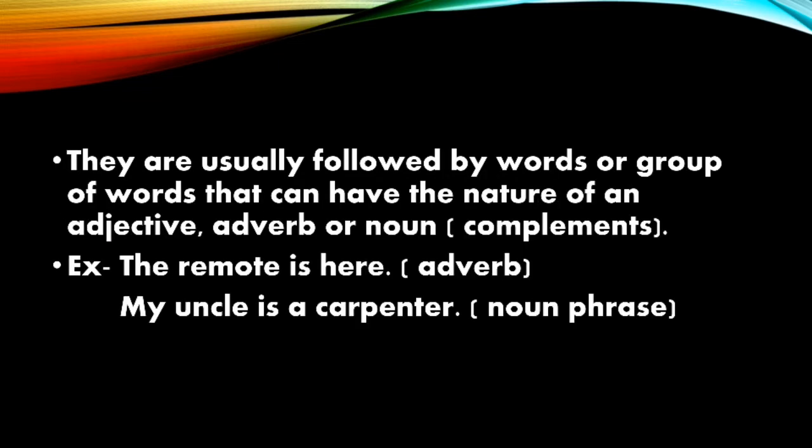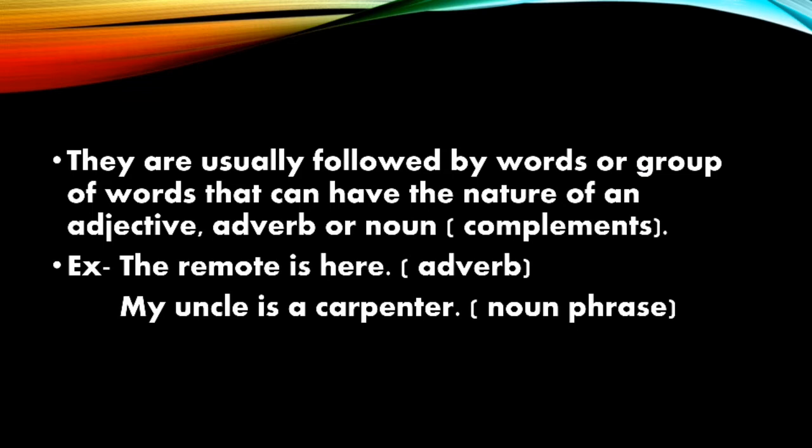They are usually followed by words or groups of words that can have the nature of an adjective, adverb, or a noun. Complements, that we are going to see in our next lesson. So if we say, the remote is here. Here the verb is is.